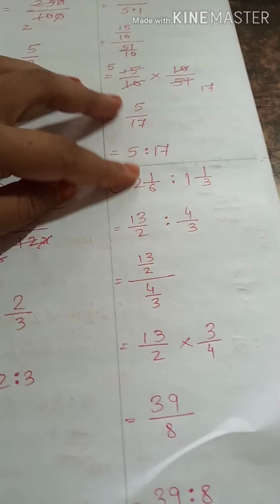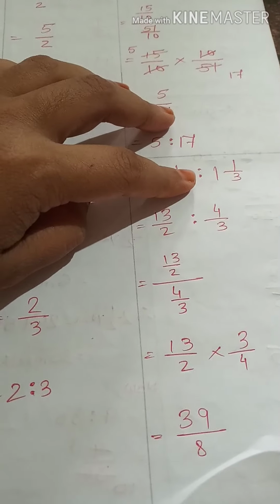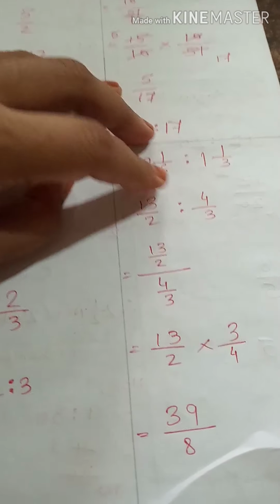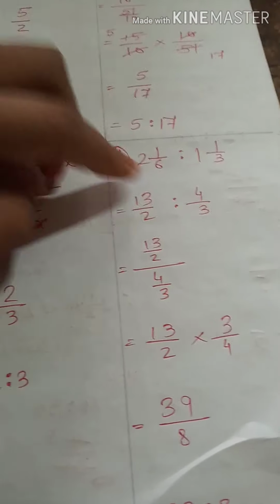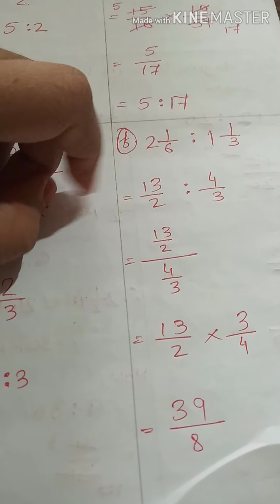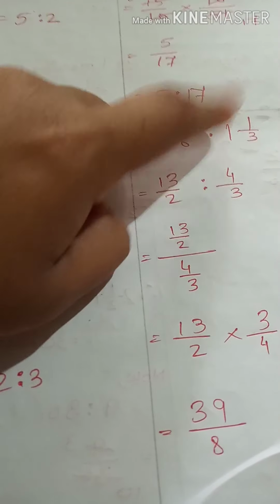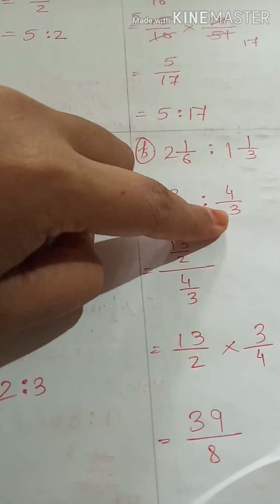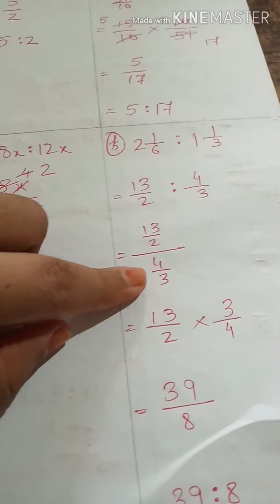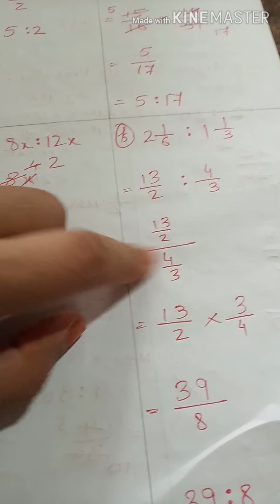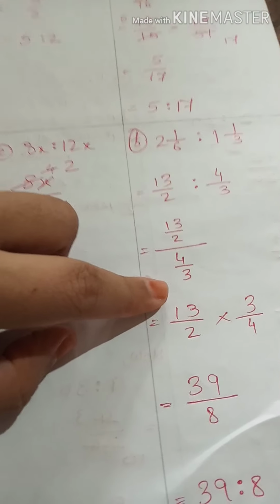Number F, you see 2 1 by 6 is to 1 1 by 3. Both are mixed fractions here. So at first we will convert them to improper fractions. 6 2s are 12 plus 1, 13. 13 by 6. 3 1s are 3 plus 1, 4. So 4 by 3. Now we will take them to the divisional form. 13 by 6 divided by 4 by 3.